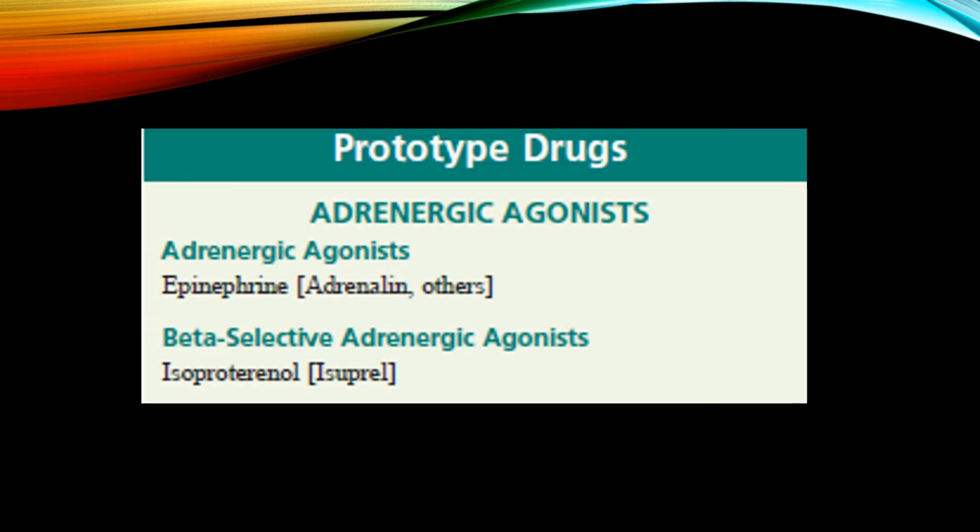And now for the prototype drugs for the adrenergic agonists, we have here epinephrine. And for the beta-selective adrenergic agonists, our prototype is isoproterenol.